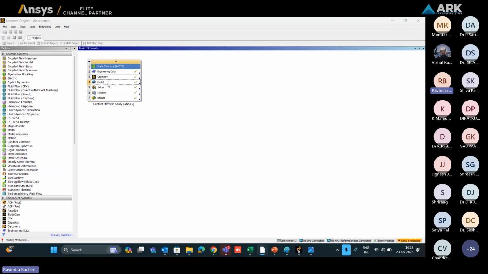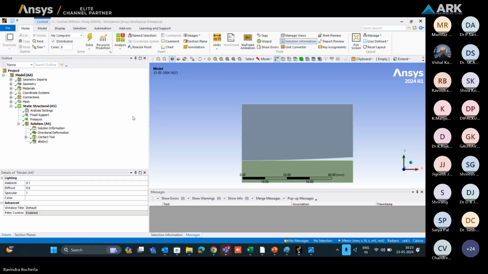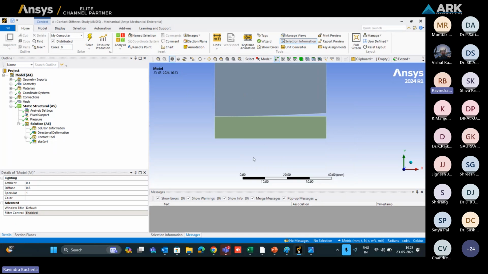So this is one problem in which we have two components, and these two components are sharing a contact between these two bodies. I will just explain what loads and boundary conditions we applied.